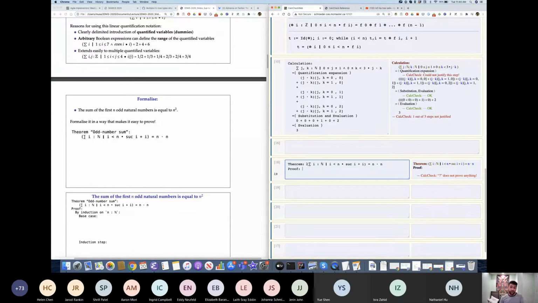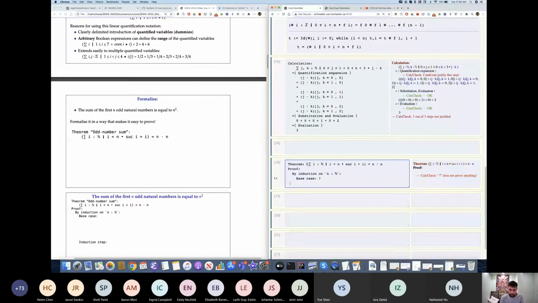In particular, we don't have any laws about sums yet. So the best thing we can do is look at it by induction. So we'll start there. By induction on n, like that. Okay. Then we have a base case. And of course, we have an induction step. Okay.